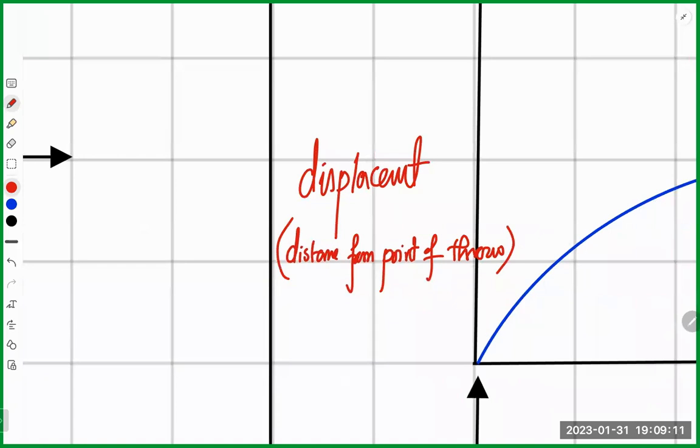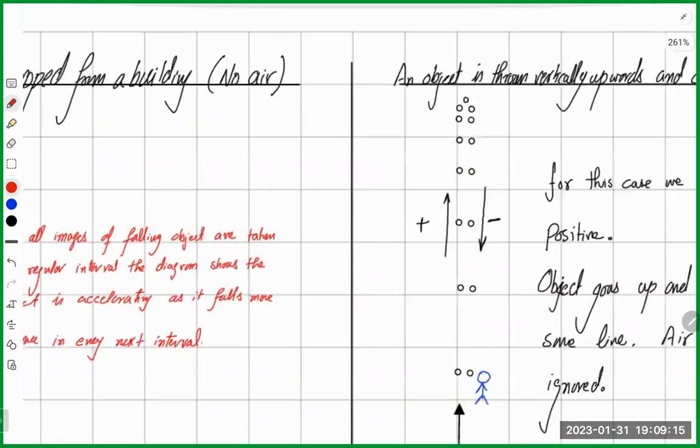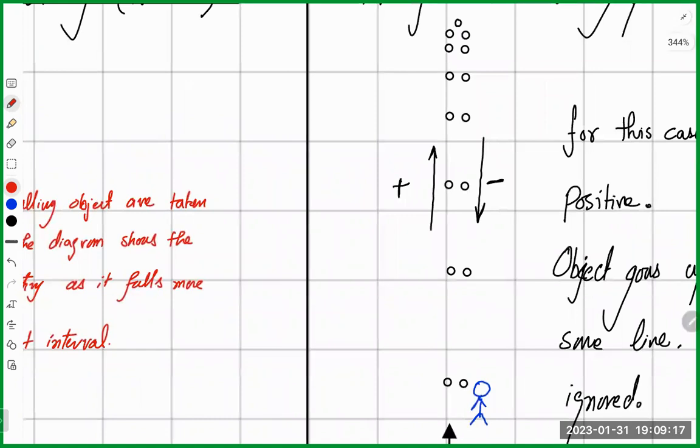So when an object is going up, look over here. This is the point of throw. I hope you can see the point of throw over there. Yes, yes. And what is happening to the distance as the object moves up?